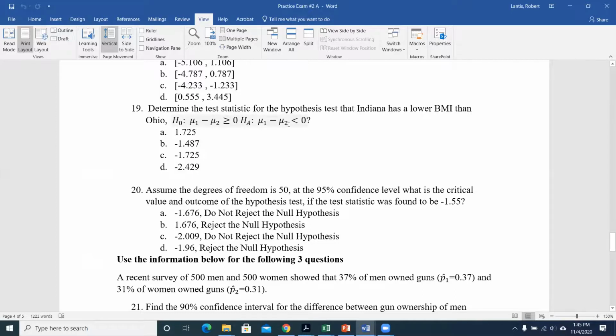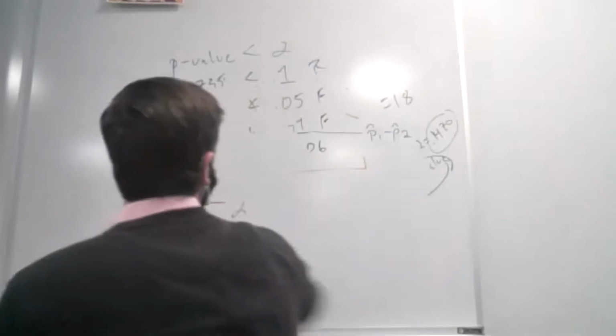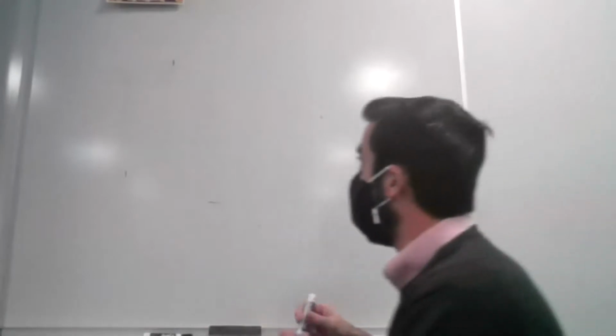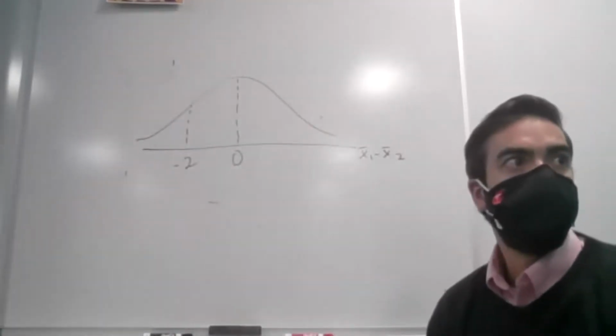So it's a left tail test, which really means that when I'm drawing this out, I'm dealing with the left side of that student t distribution. The blue one shows up a little bit better. So I found a sample difference of -2, and I'm assuming the true difference is 0, right?